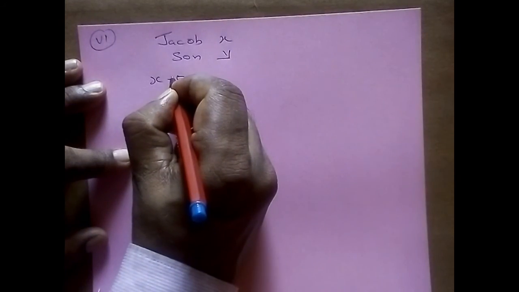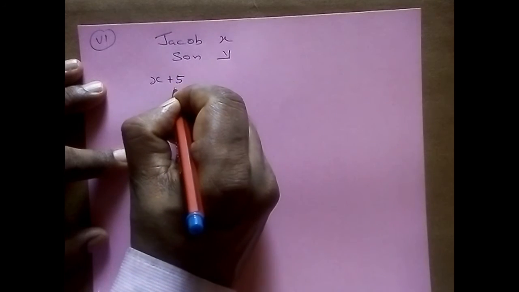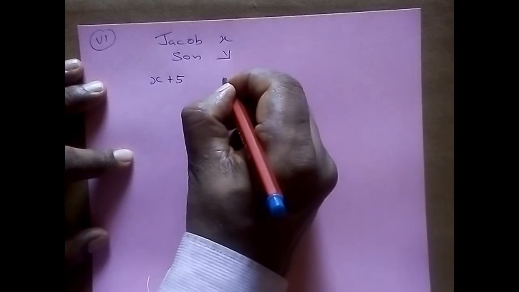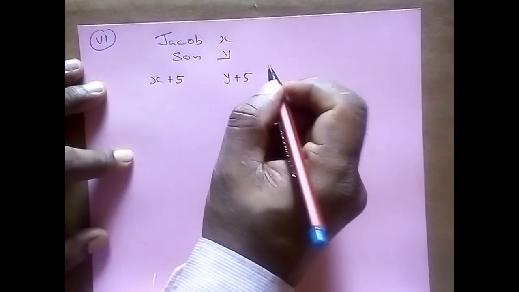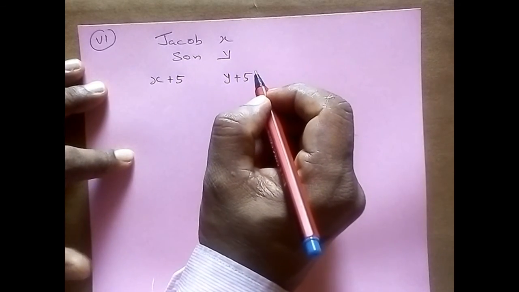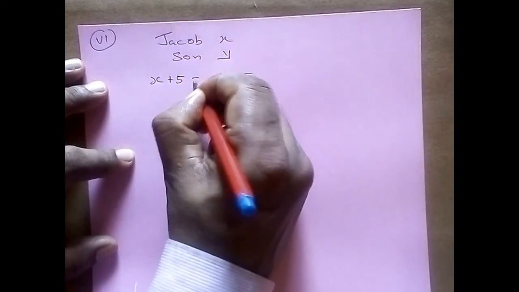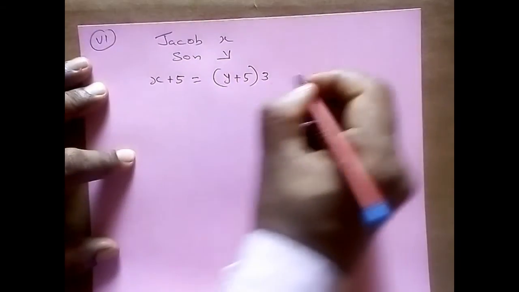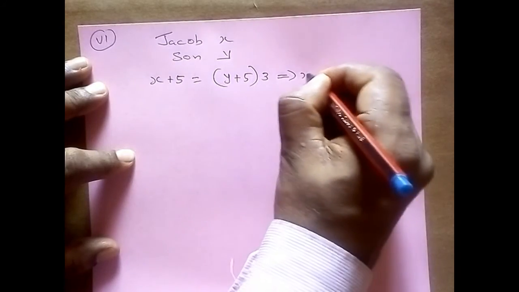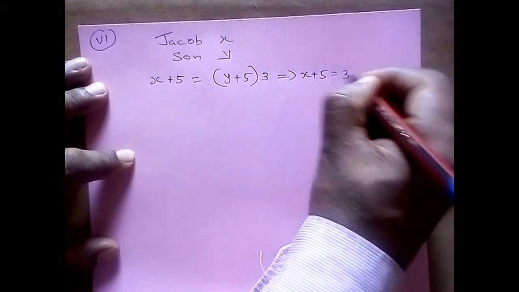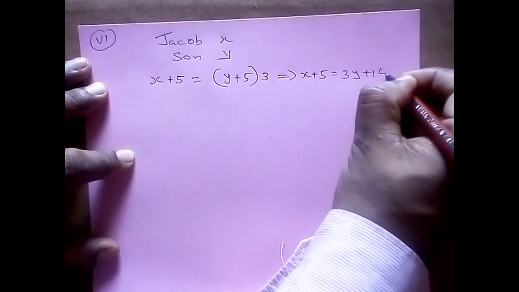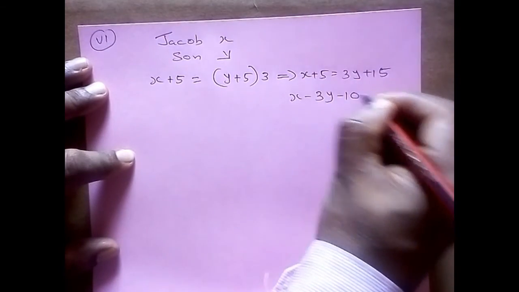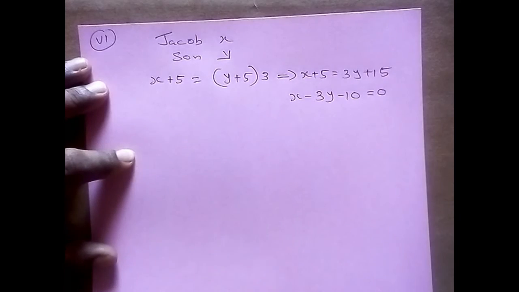After 5 years, Jacob's age will be x plus 5, and son's age will be y plus 5. Jacob's age will be 3 times that of his son. That means x plus 5 is equal to 3y plus 15, so x minus 3y minus 10 equal to 0.